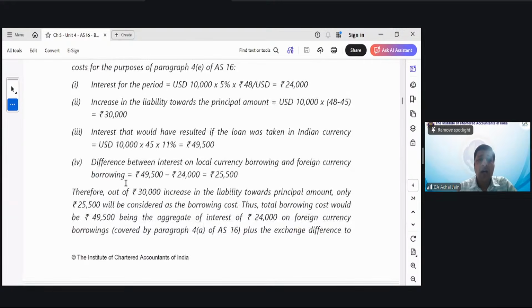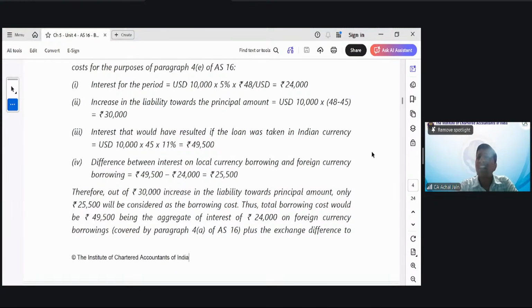And the amount of interest which is incurred by the company actually is 24,000. So therefore, we can say 25,500 is the amount of interest which the company has saved during the year. Yes or no? But do we need to record this amount? No, because this is notional. This is not an actual transaction.